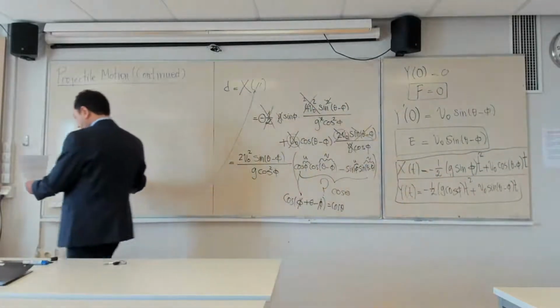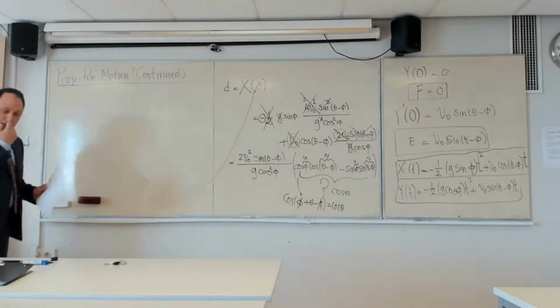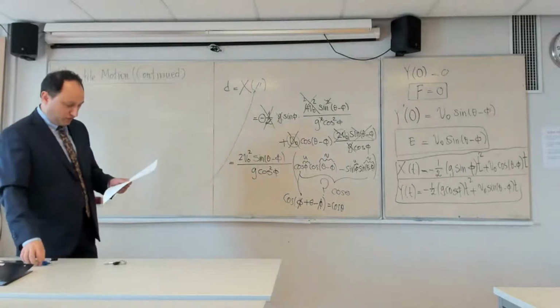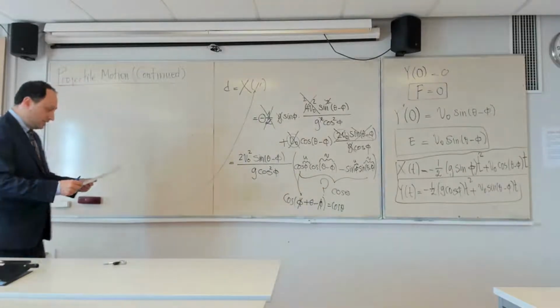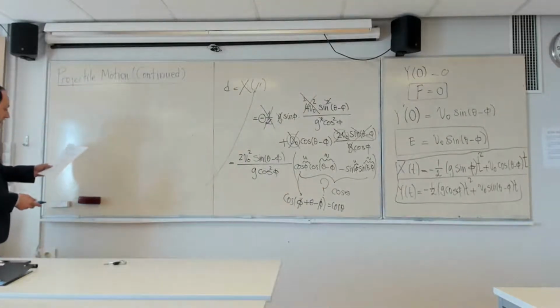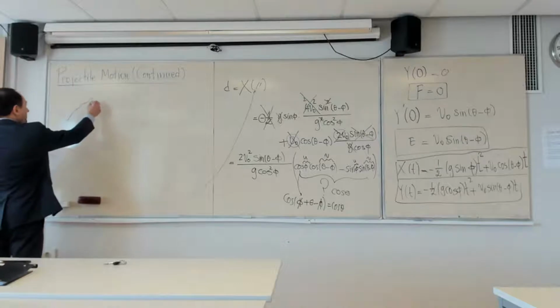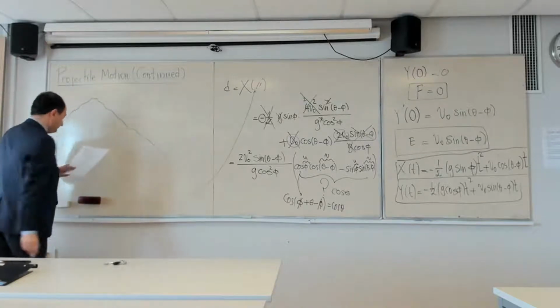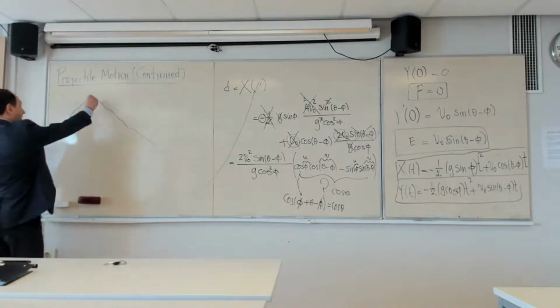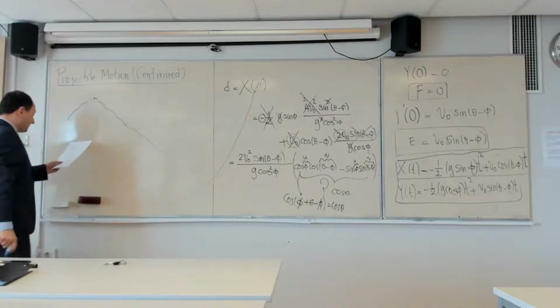Okay, let me ask you this question and try to solve it together. It might be a little bit harder. So this is an athlete. An athlete stands at the peak of a hill. Let me just draw the picture. That is a hill, for example, and you have your athlete standing here.